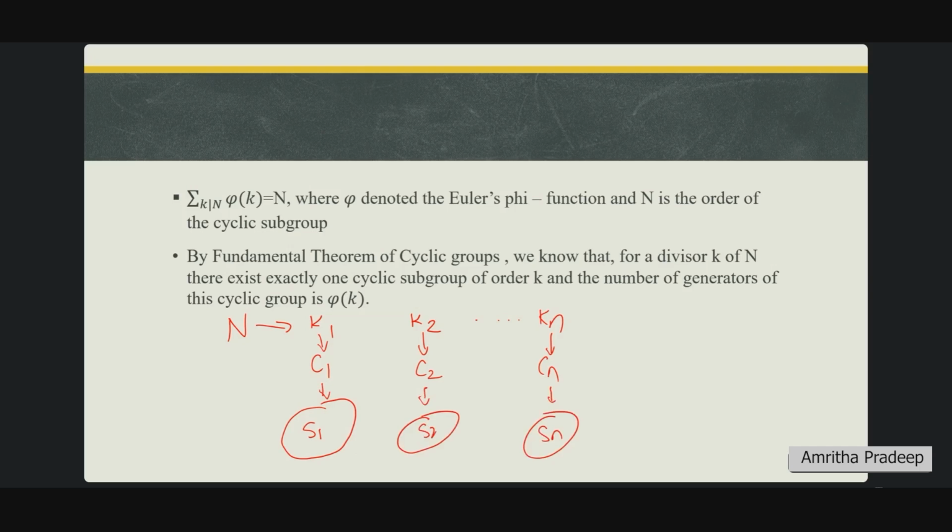Now the question is, if I take any element from the group, am I right if I say that it belongs to at least one of these Si? Yes. Moreover, an element cannot belong to more than one, because it does not have two distinct orders.